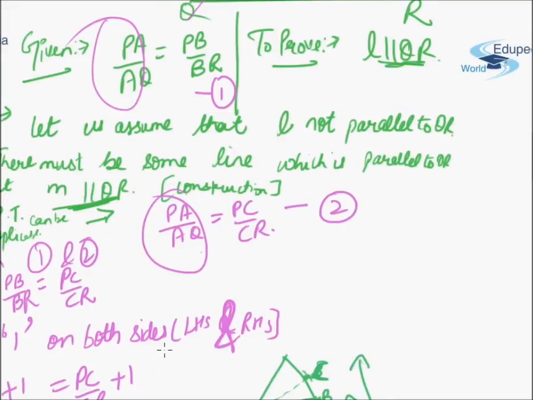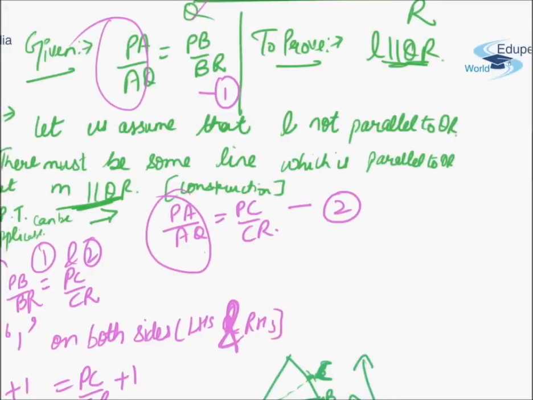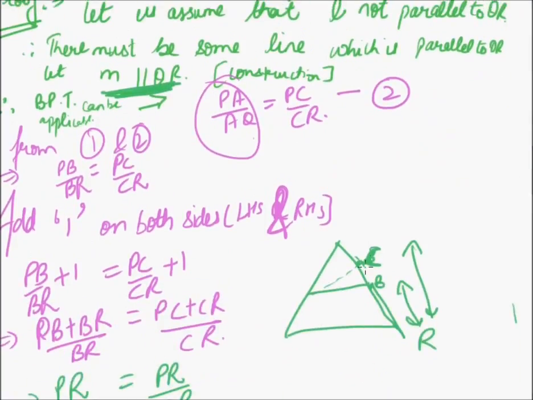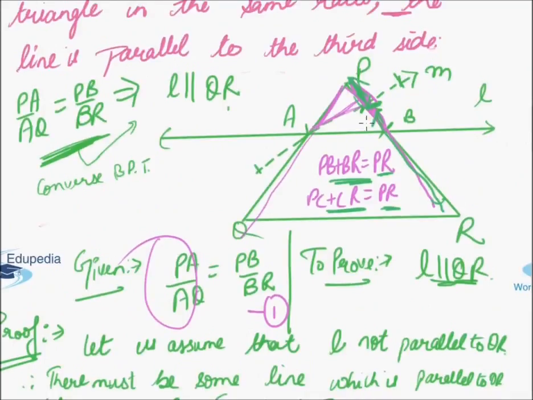So if M is parallel to QR, then the point of intersection, this point C, must be the point B, which is the point of intersection of line L. Otherwise, M can never be parallel to QR.